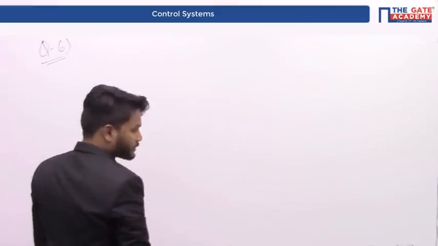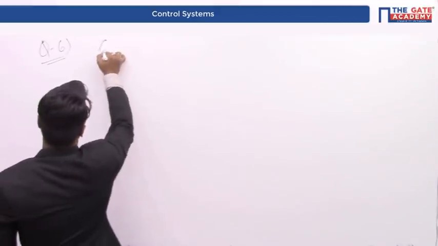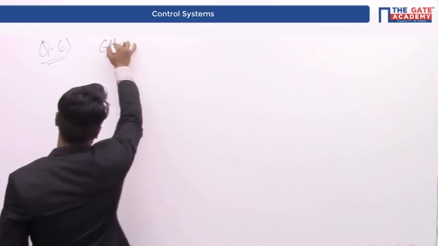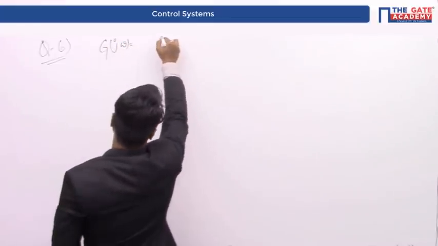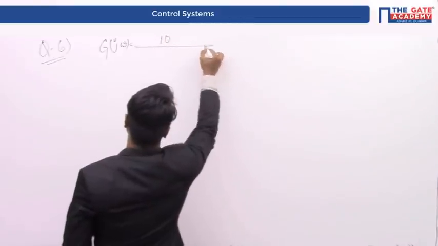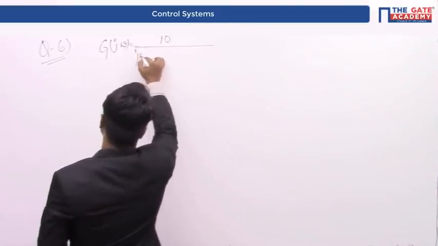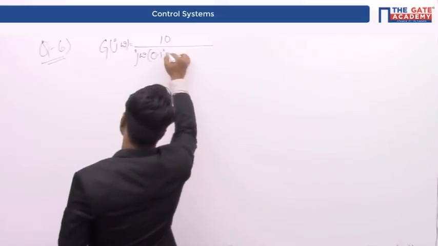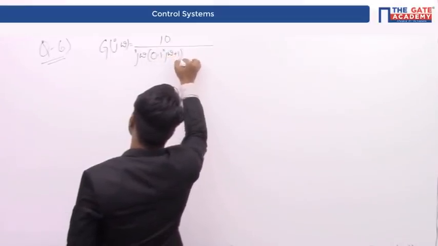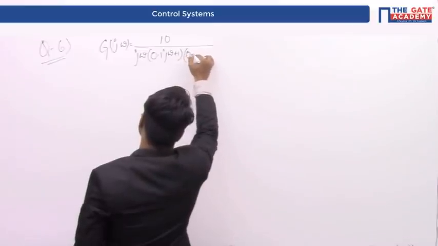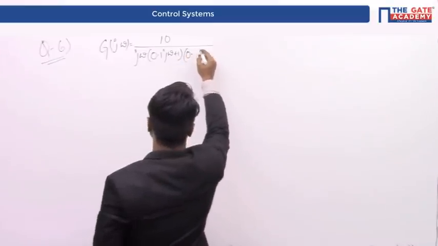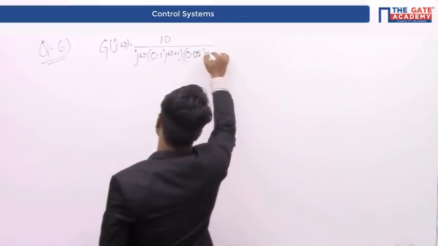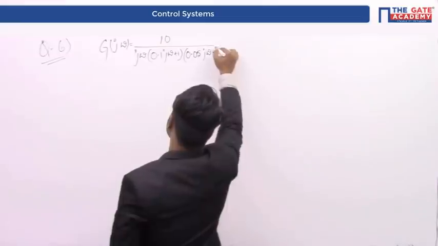The transfer function G of j omega is given by 10 upon j omega multiplied by (0.1 j omega plus 1) multiplied by (0.05 j omega plus 1).